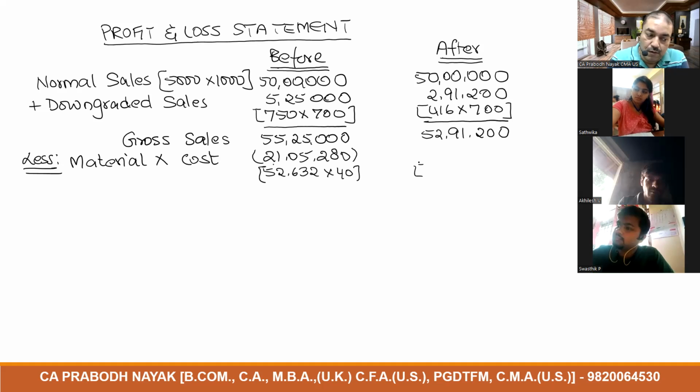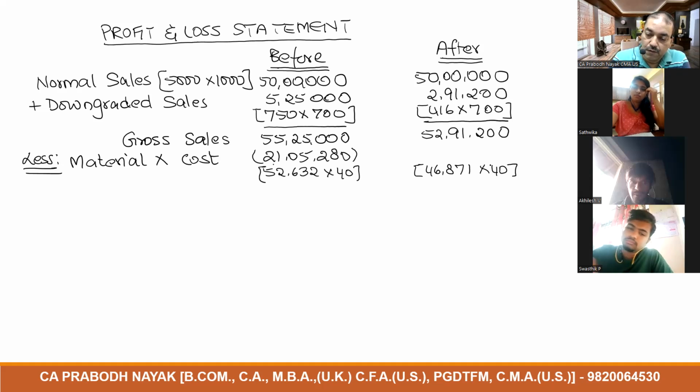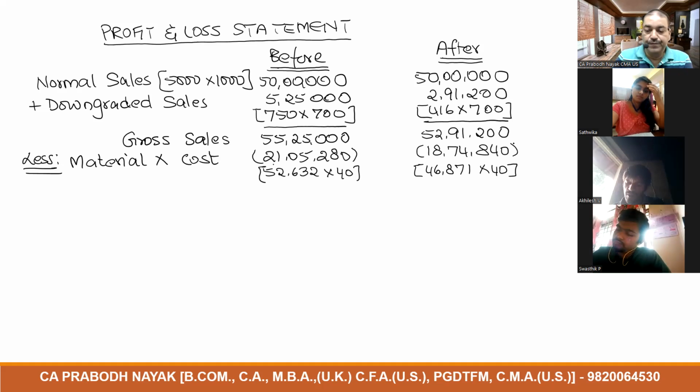Here it will be 46,871 into 40. That is 18,74,840. Okay.